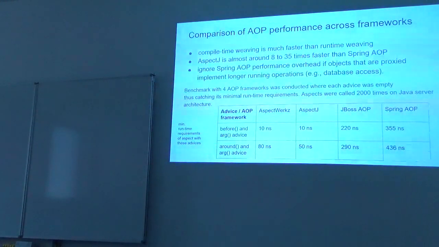Okay. Do you think probably that after advice will be similar in performance to the before? Because around is observing the whole function execution to find some join point in the function itself.